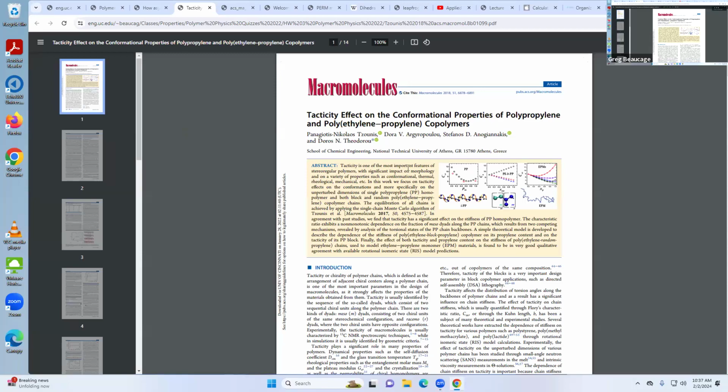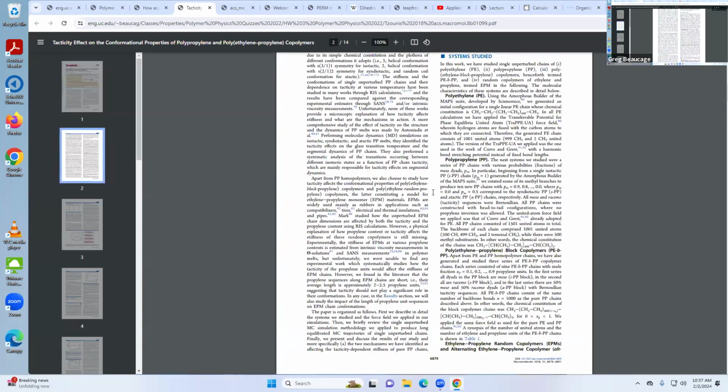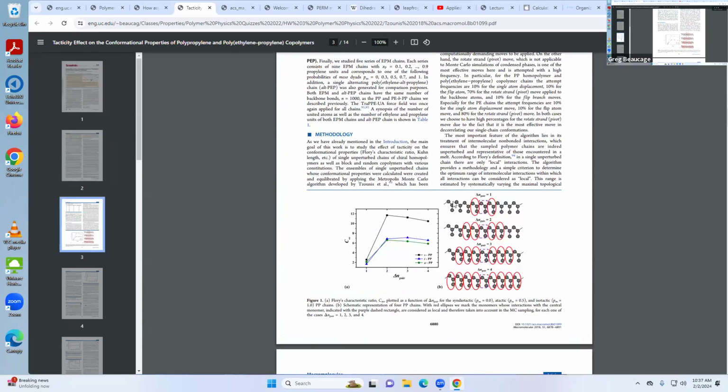They use Monte Carlo. They have the toggle switch going down. They know the energy, so they can calculate the energy for the whole chain by summing up all these toggle switches and the energy of rotation. When it's at the peak of that energy plot, at the humps, that's a high energy, and in the valleys it's a low energy.